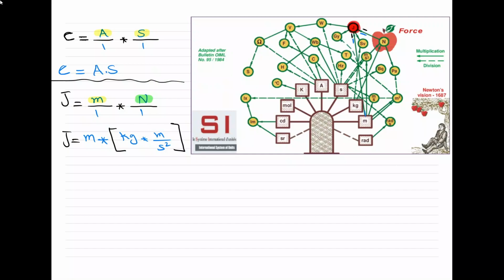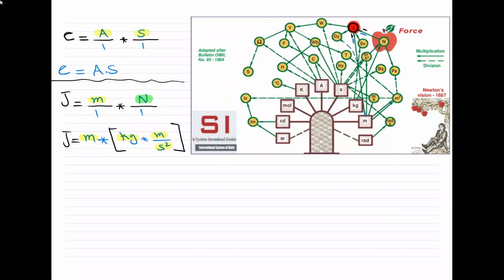But before that, let me check whether I reach the base unit or not. Meter, as said, is a base unit. Kilogram is a base. Meter, again, is a base. Second is a base. I don't care about the exponent, since we have second, it is a base unit.